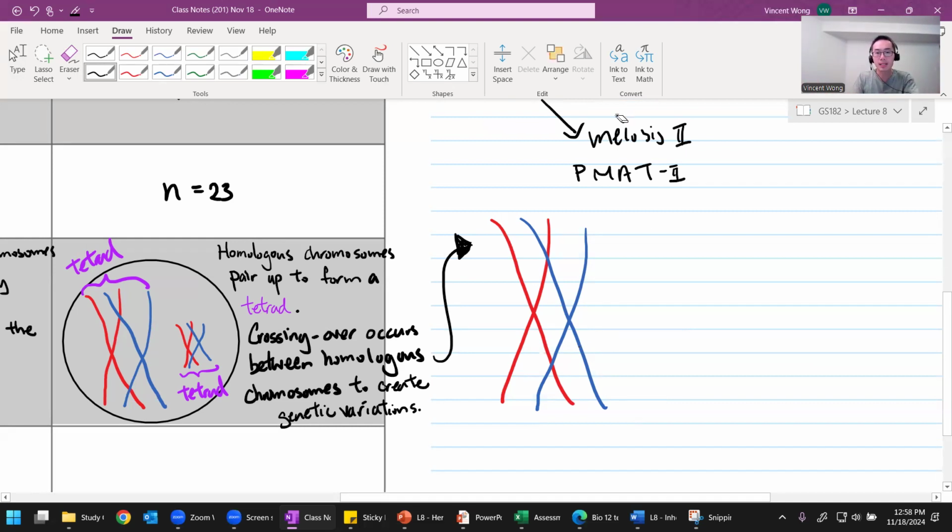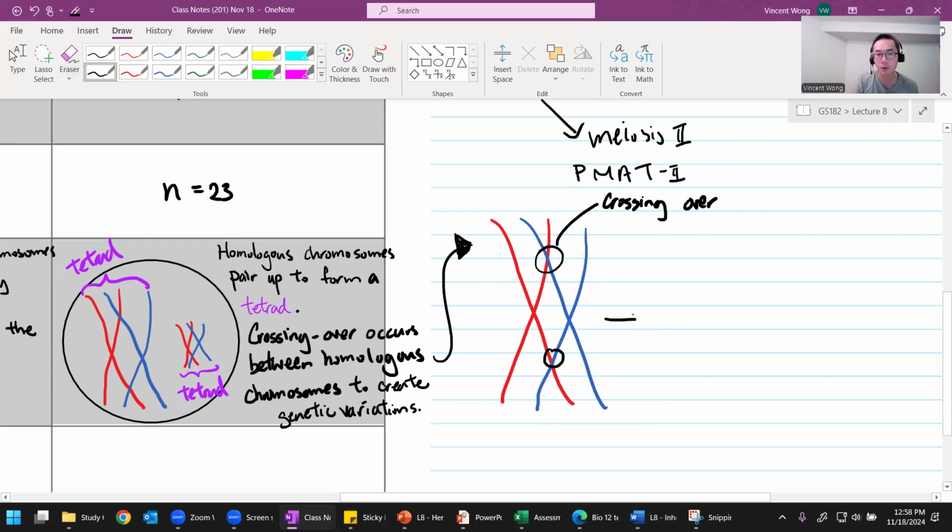So what happens is the homologous chromosomes can come together and literally intersect with each other. That's what we call crossing over. Now, I am obviously oversimplifying the situation here. You're not just going to have two crossing overs. You're going to have multiple crossing overs along the entire chromosome.